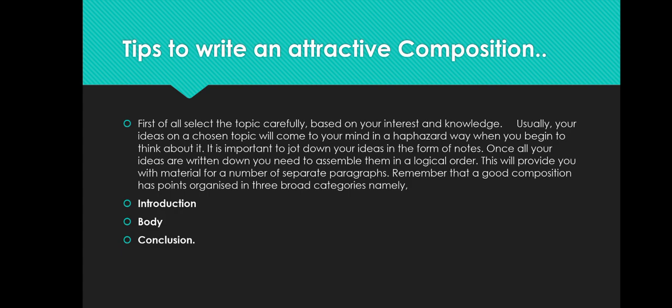Remember that a good composition has points organized in three broad categories, namely introduction, body, conclusion. Now let me tell you about this. First of all, you have to think in which topic you are interested enough to write.